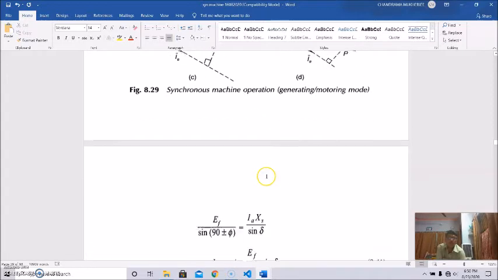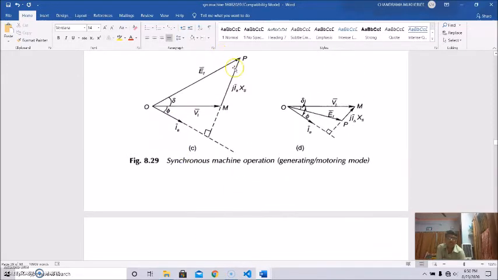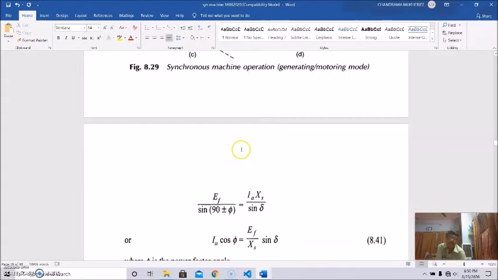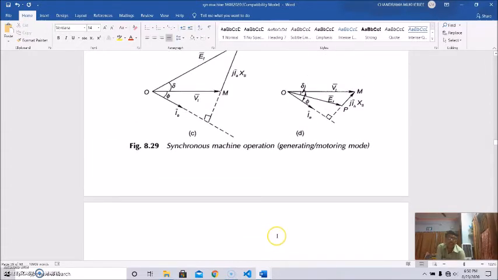From this triangle OMP, we can write EF by sine (90 plus or minus phi) equals Ia Xs by sine delta.